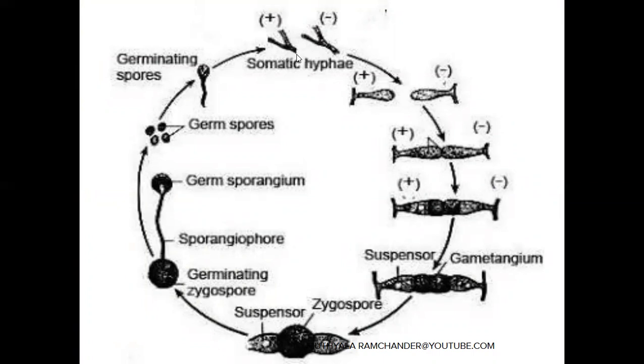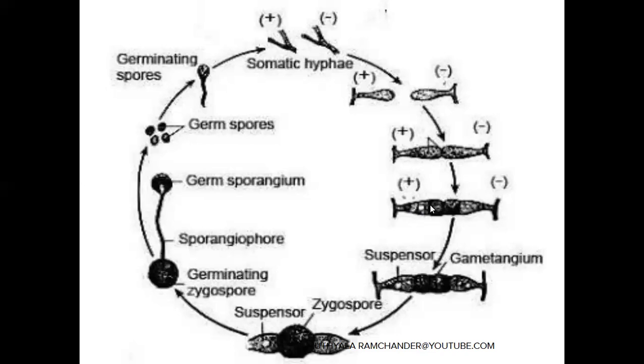Plus and minus strain fungi produce club-shaped structures in opposite directions from two different somatic hyphae, on the lateral side. The club-shaped structures contain haploid nuclei at the terminal part. The club-shaped structure, the complete part, is called the gametangium. The gametangia each have one suspensor.